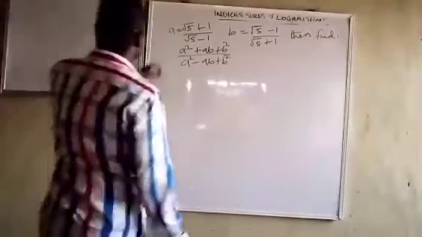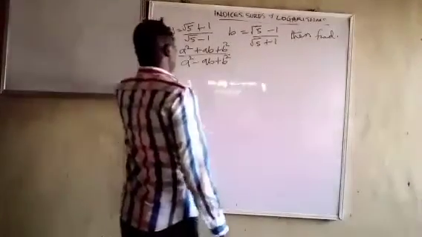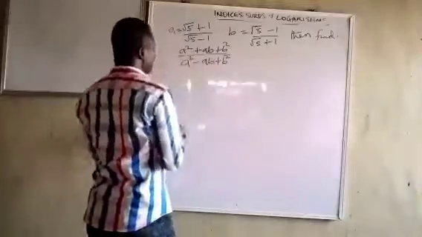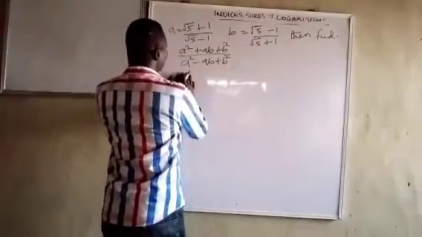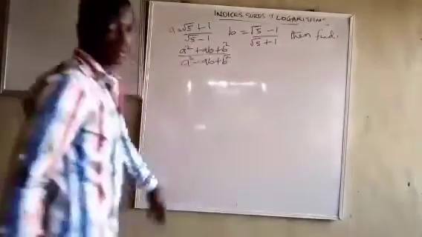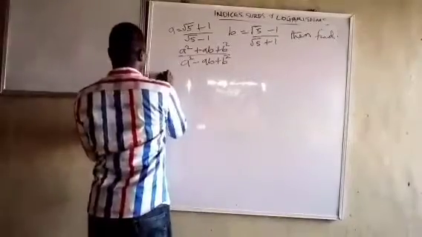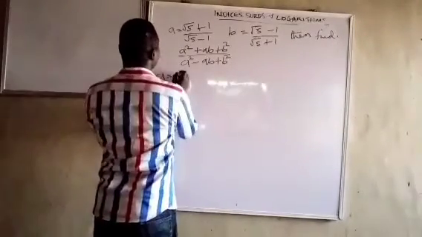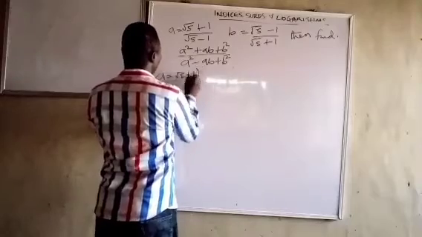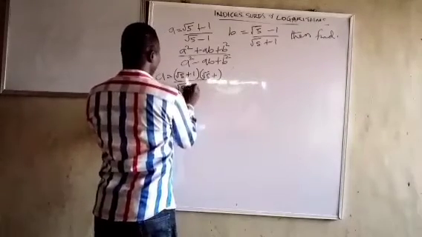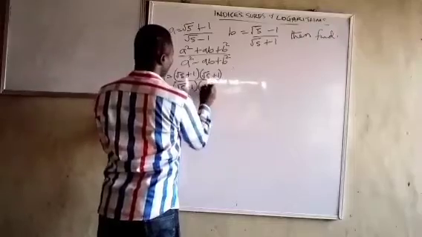So we have this question. A equals root 5 plus 1 over root 5 minus 1. B equals root 5 minus 1 over root 5 plus 1. Then find a squared plus ab plus b squared over a squared minus ab plus b squared. Now, let me find a. A is equal to root 5 plus 1 into root 5 plus 1 over root 5 minus 1 into root 5 plus 1.